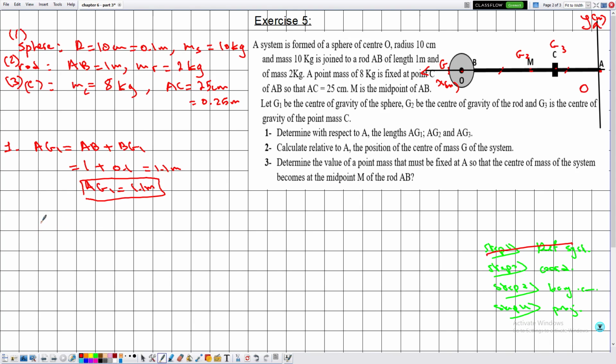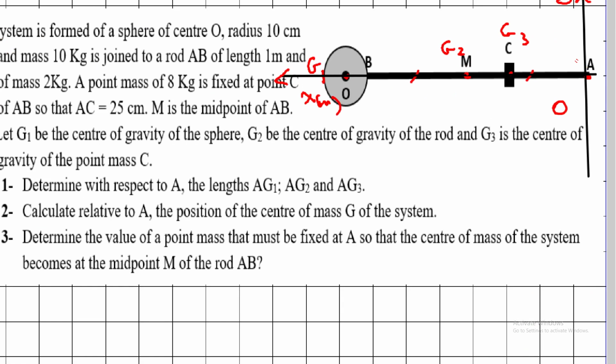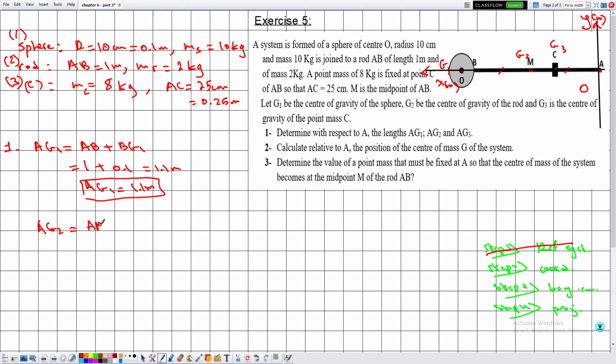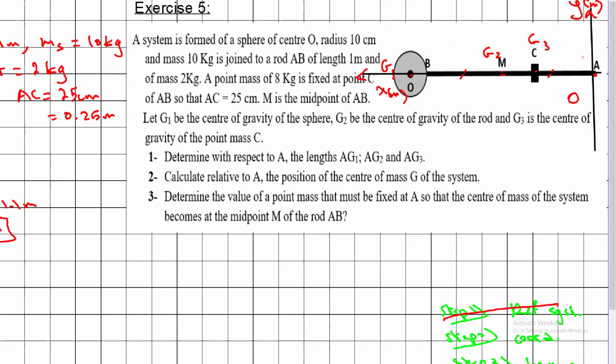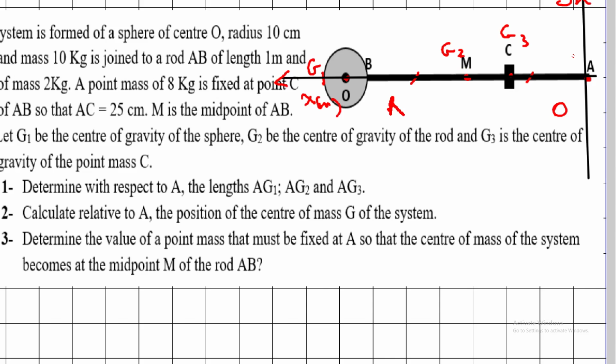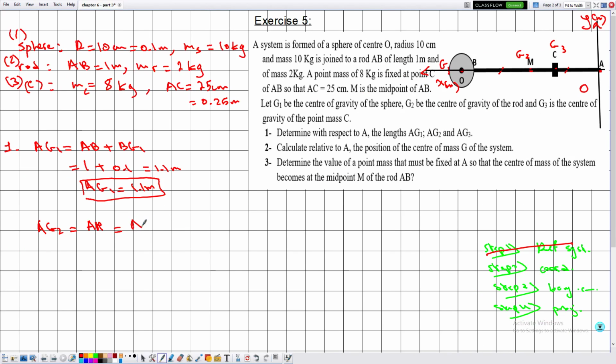Now as for AG2, it is simply equal to AM, but notice that because M is the midpoint of AB, then AM is equal to AB divided by 2. Then this is equal to 1 divided by 2, which is equal to 0.5 meters.